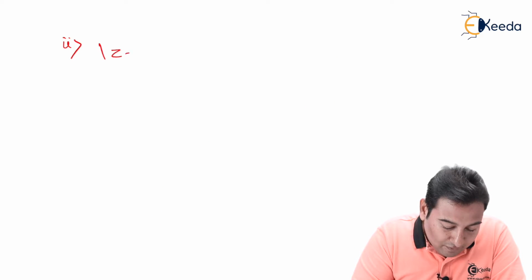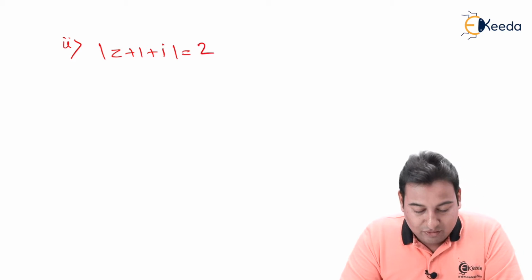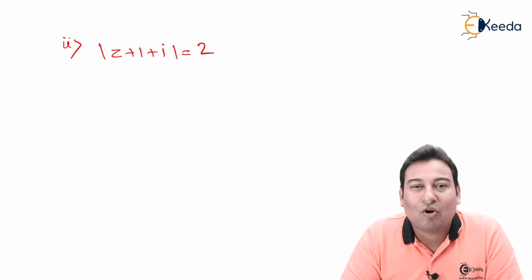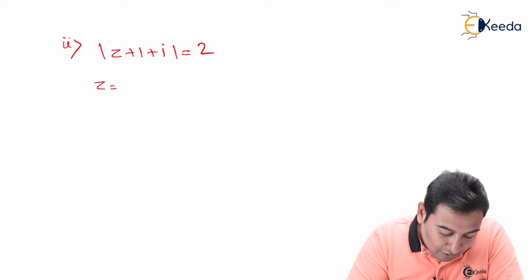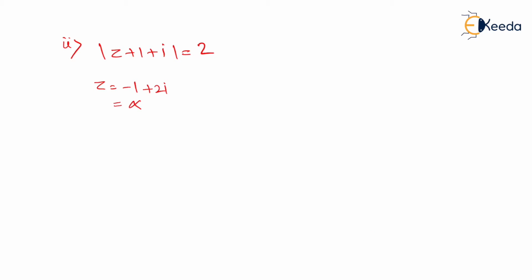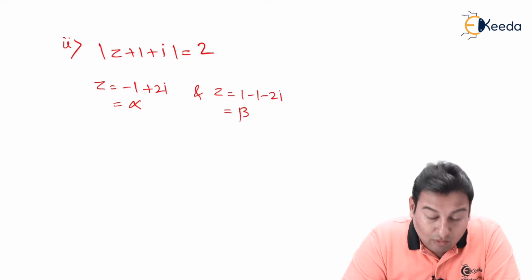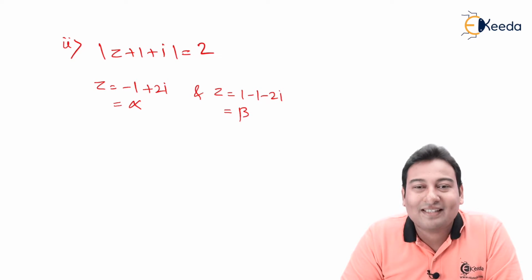Now let us see the next case. Next is mod of z plus 1 plus i equal to 2. This is the second region asked in the problem. Here also we have two poles, -1 plus 2i which is our alpha, and -1 minus 2i which is our beta. Now let us check which point is inside and which is outside.